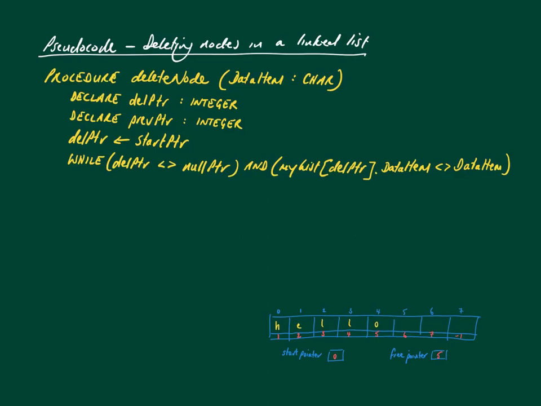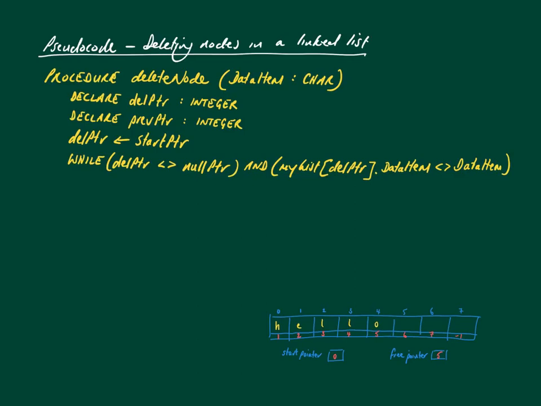And then just like every other conditional loop that we have with linked lists, we start by checking that the delete pointer is not the null pointer, because if it is the null pointer, it's reached the end of the valid linked list and it should stop.